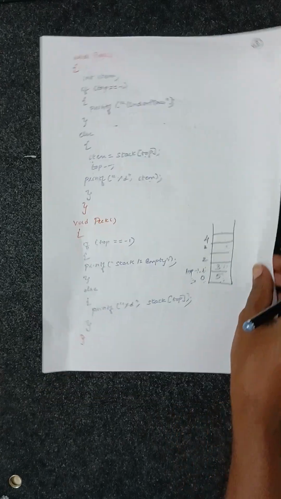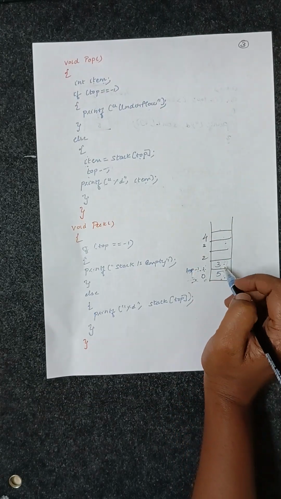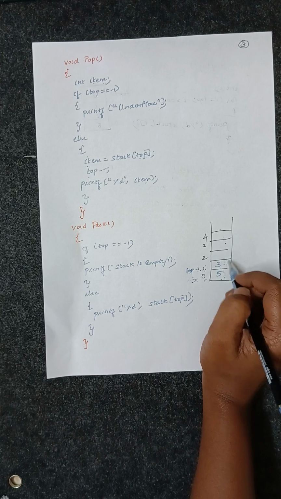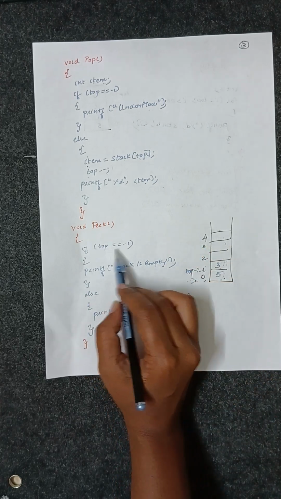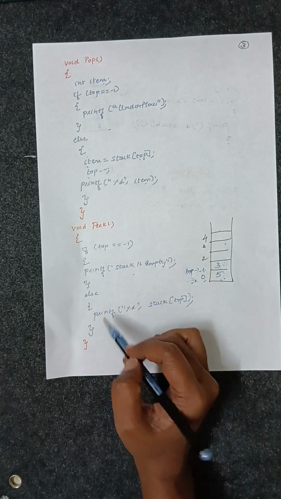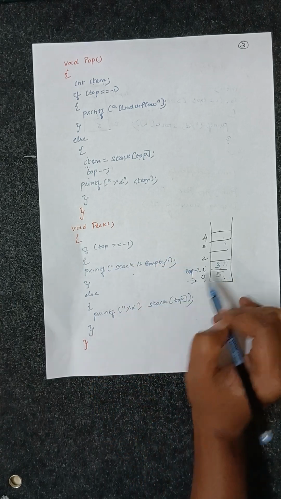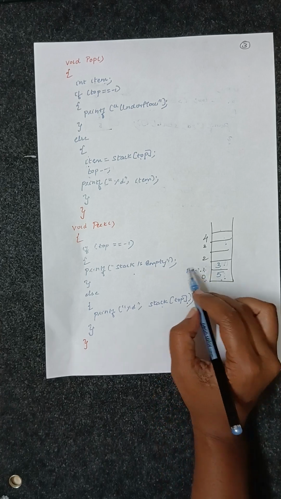Next we'll go to the peek function. Peek function means whatever is currently at the top, that element will be printed. Here you have to check again whether the stack is empty or full. Then in the else part, you just simply print stack of top. What is the top pointer pointing to?